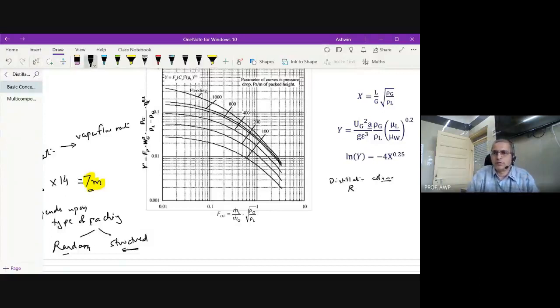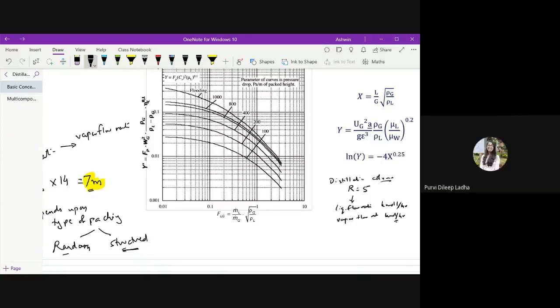You know the reflux. Suppose reflux is 5. Correspondingly, you will know the liquid flow rate and the vapor flow rate. Say so many kilomoles per hour of liquid is flowing and so many kilomoles per hour of vapor are flowing. Am I correct?